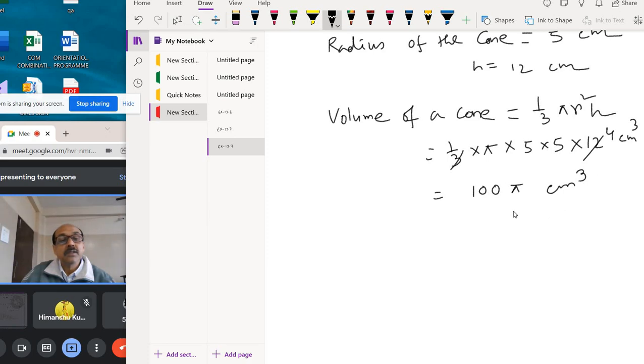This is the answer, 100 pi centimeter cube, volume of a cone.